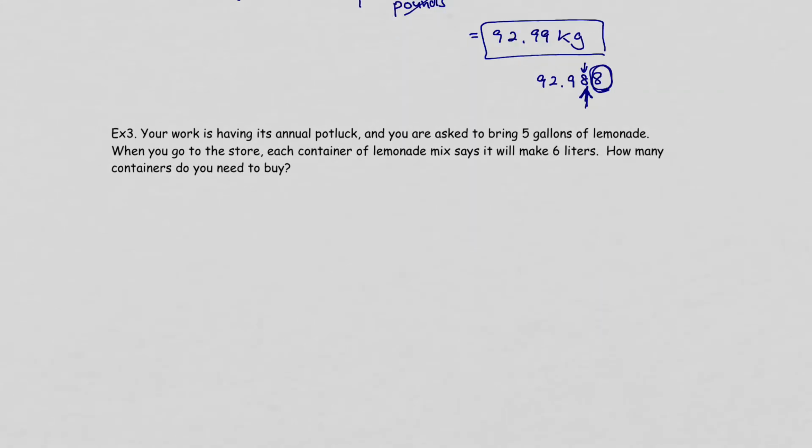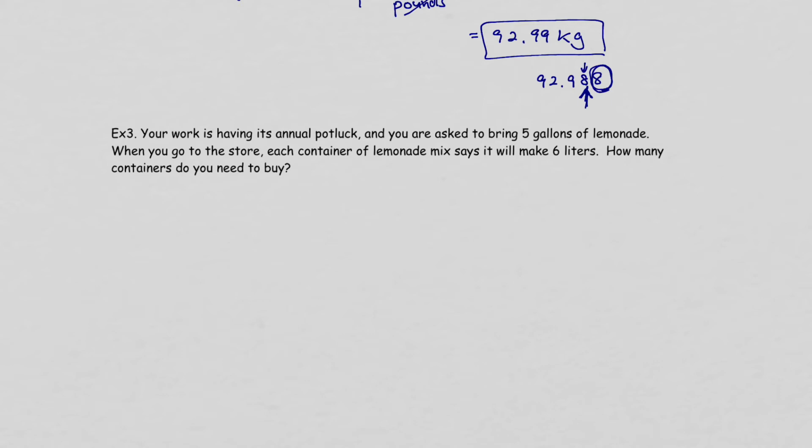What about example 3? It looks like for the potluck, 5 gallons of lemonade is needed. But when you went to buy the lemonade, the unit was liters, and they want to know how many containers you need to buy in order to make 5 gallons of lemonade.